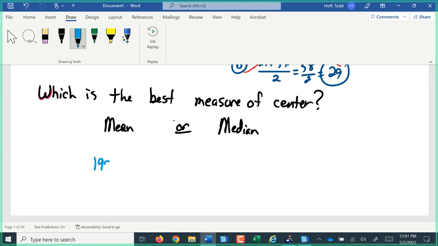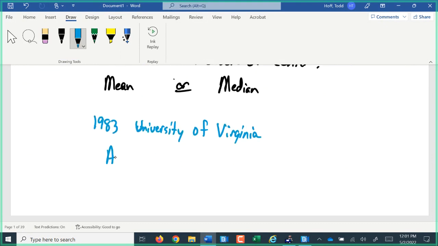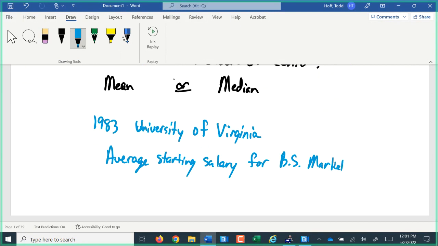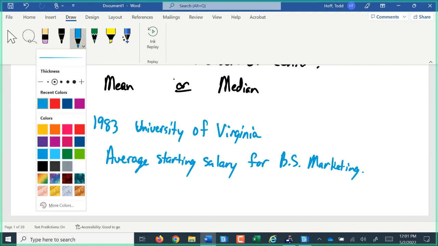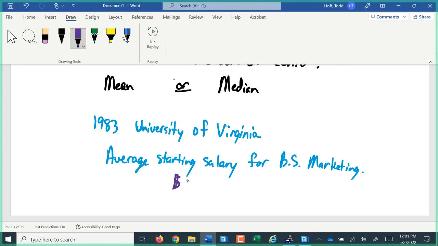In 1983, the University of Virginia advertised that the average starting salary for a graduate in their Bachelor's of Science in Marketing program for that year was just over $78,000 per year.